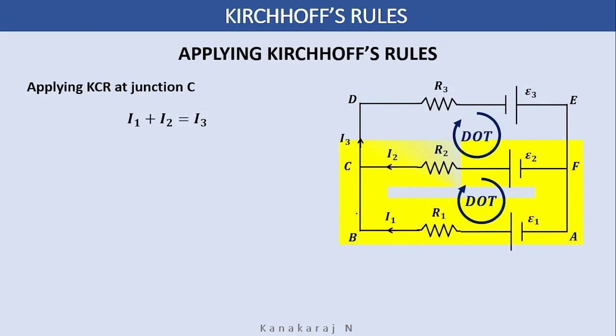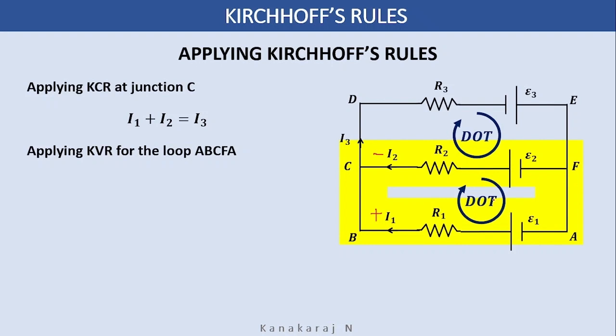So here is a closed loop. Applying KVR for the loop ABCFA, I1R1 is positive because it is the direction of traversal. I2R2 is negative because it is in the direction opposite to the direction of traversal. Good.